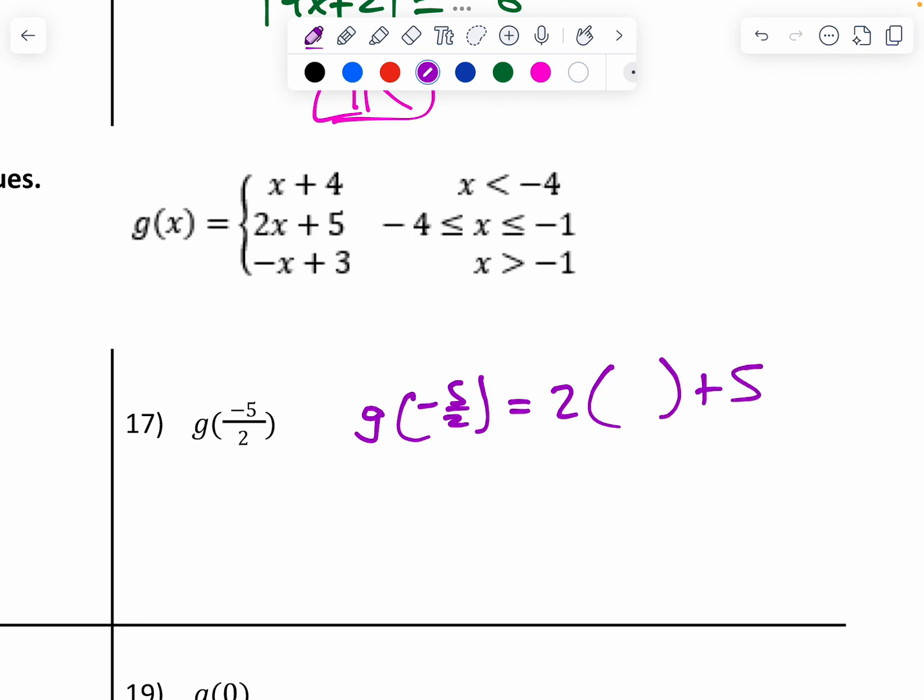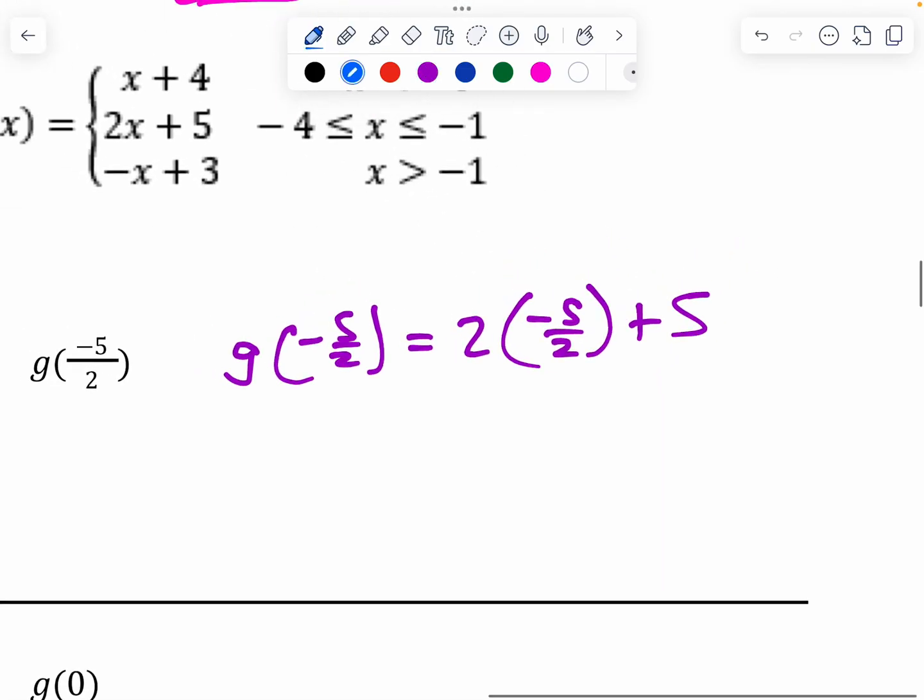When you plug that in, you can make that a decimal or, better yet, work it out as a normal fraction, or just use what you know about fractions. So I'm going to go ahead and cancel the 2's, and so -5 is left over, plus 5, which is 0.